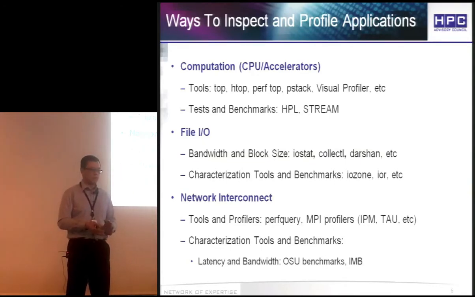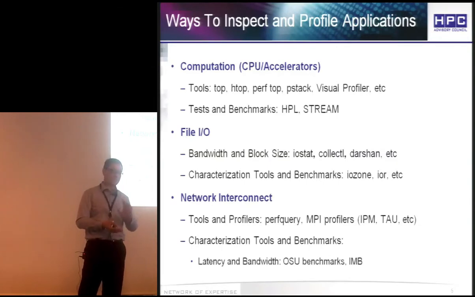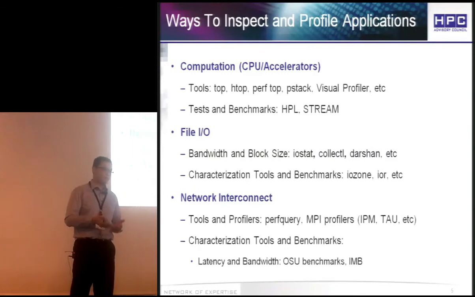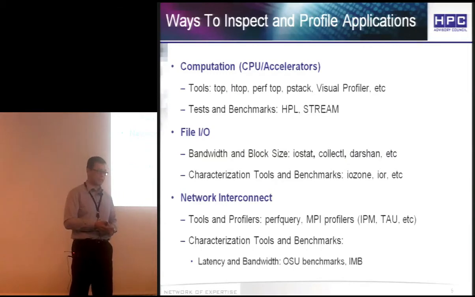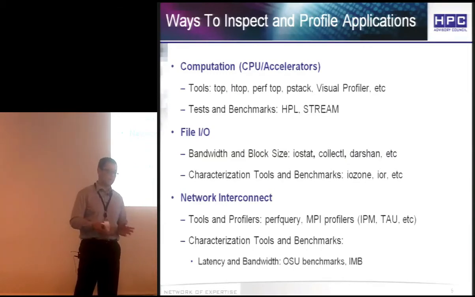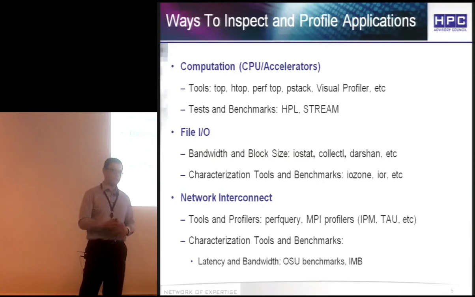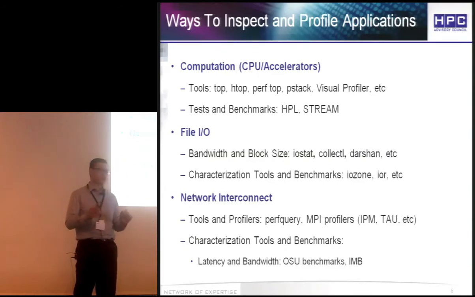So we basically show you some of the sensitivity of the disk I/O that you have. For the network part, on the MPI side we have IPM, TAU, and some other ones out there. Then we use something like OSU benchmarks and IMB to identify the network throughput.